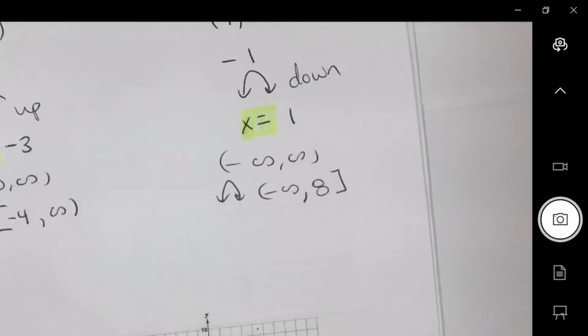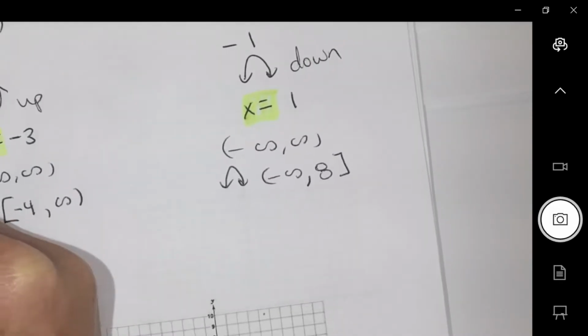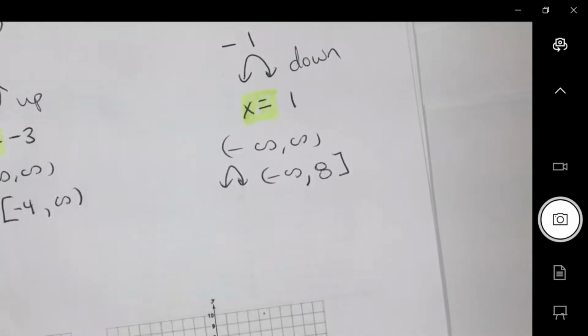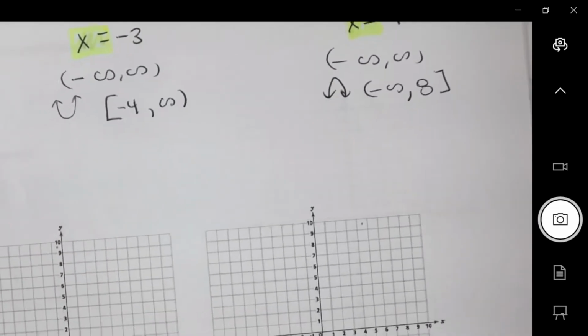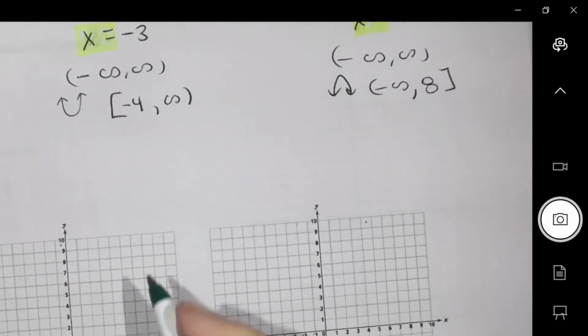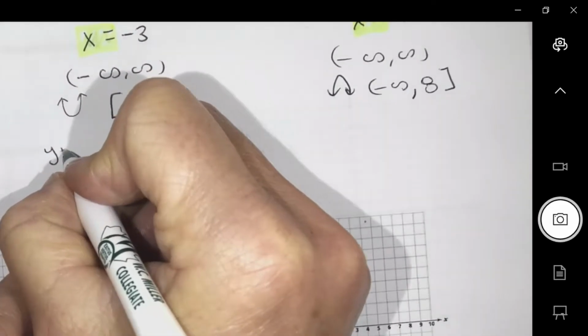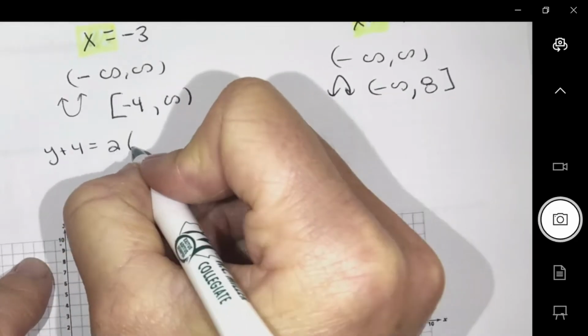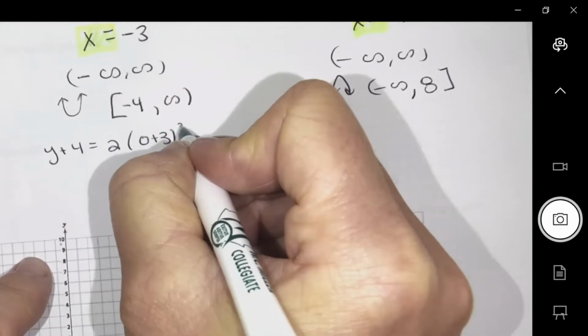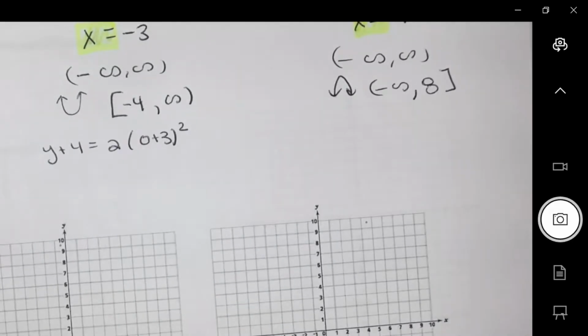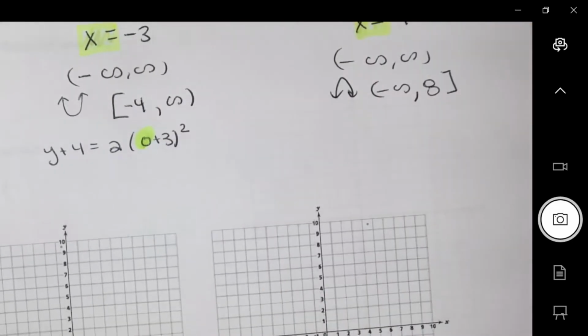Okay, the y-intercepts. We've learned that we have to make the x be 0. So start with your equation, and in your equation you are going to put a 0 into the x spot.